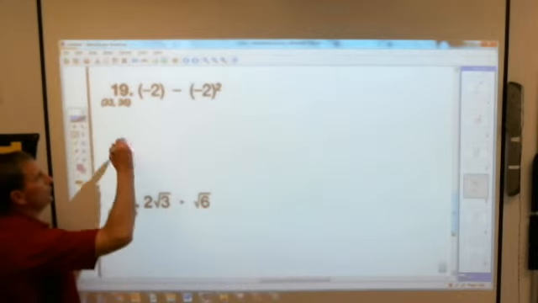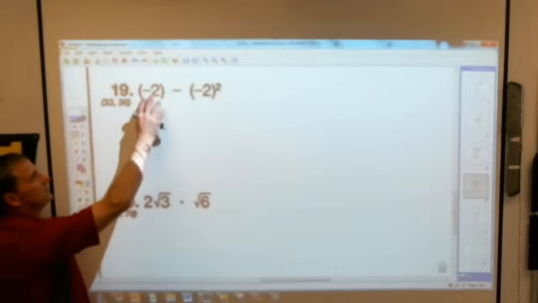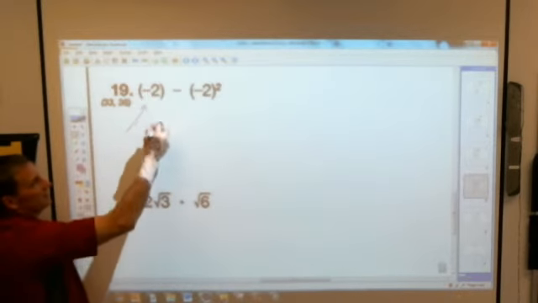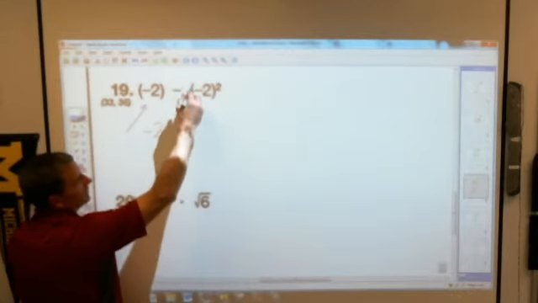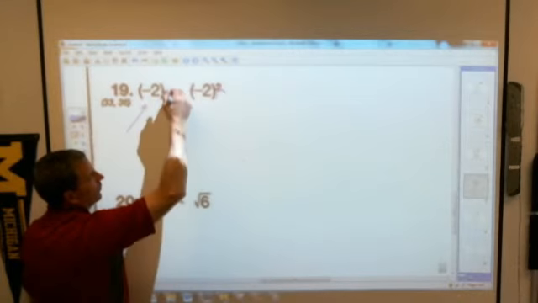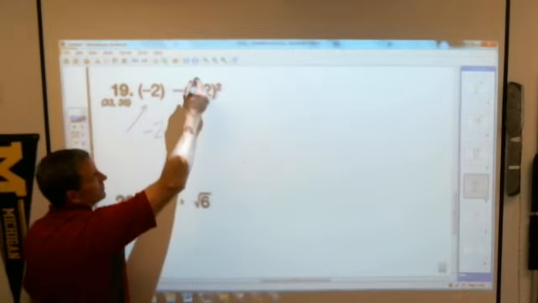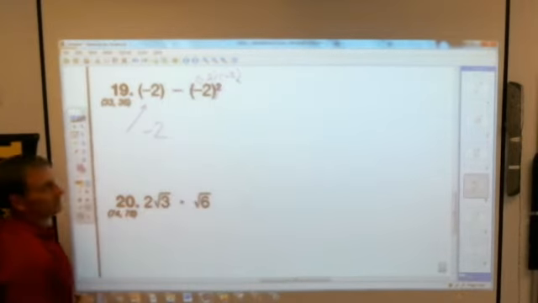This one here, if you think in terms of order of operations, you should do parentheses first, which means this parentheses doesn't do anything, it's just a -2. But this one you do have to do. Okay, well this parentheses is actually simplified, but the next thing you do is exponents. So before you think about this, you have to do 2 -2's times themselves.